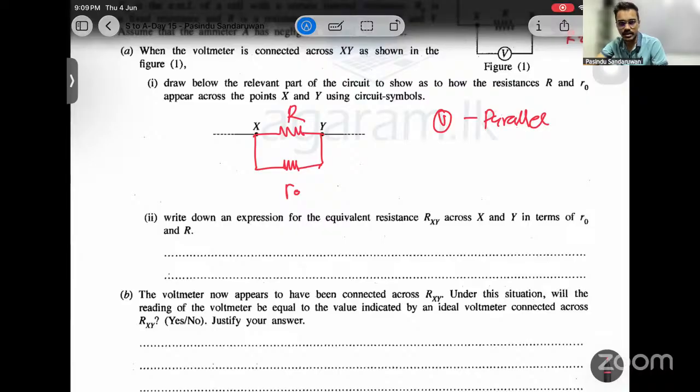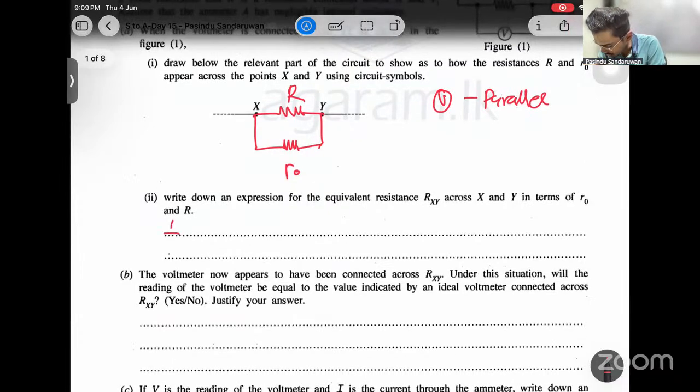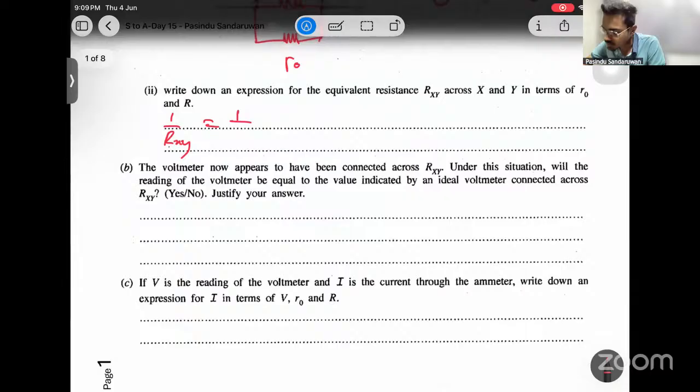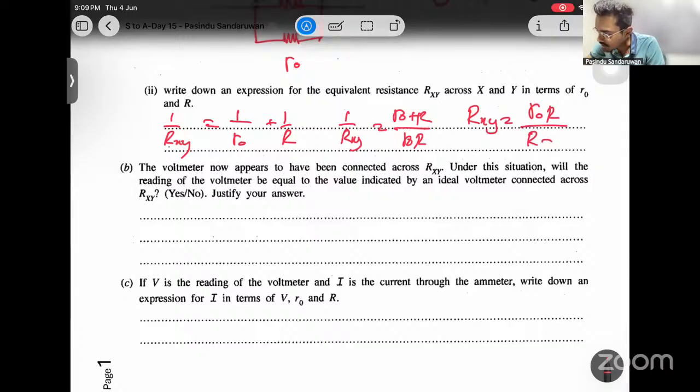Then 1 over Rxy equals 1 over R naught plus 1 over R. Simplify this: 1 over Rxy equals, common denominator R naught R, R naught plus R over R naught R. We need Rxy. Then Rxy equals R naught R over R plus R naught.